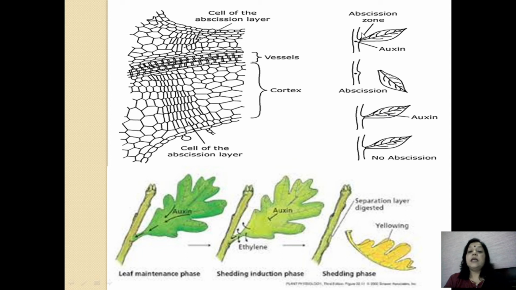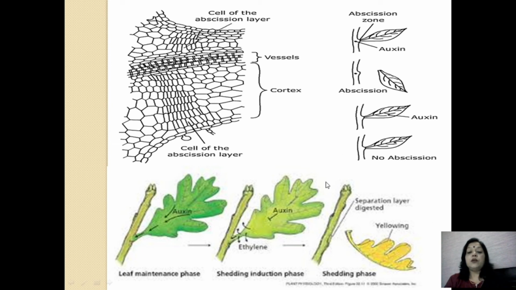It means if the auxin concentration is high at the proximal end, which is near to the axis or point of origin या point of attachment. अगर इस पॉइंट पर proximal end पर ऑक्सिन की concentration हाई होती है तो abscission हो जाता है, लेकिन distal end पर यानी कि वो end जो मेन एक्सिस से दूर है वहां पर ऑक्सिन की concentration हाई होती है तो abscission नहीं होता है.